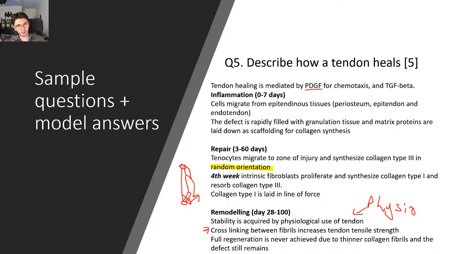But understanding how the tendon heals helps us answer questions, get the marks. But it also gives you a bigger appreciation of how much of a problem it is for these people. They try and they might do physio, but the tendon never gets back to the original strength. So that's an appreciation for the patient's injuries.